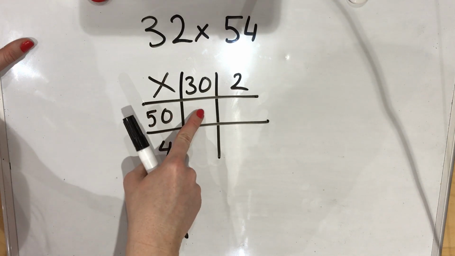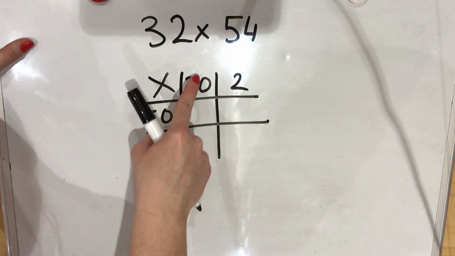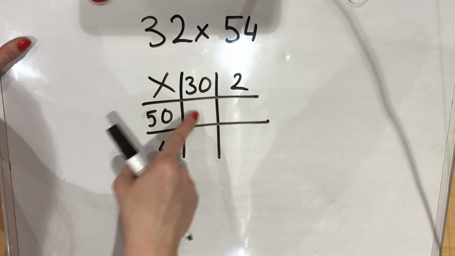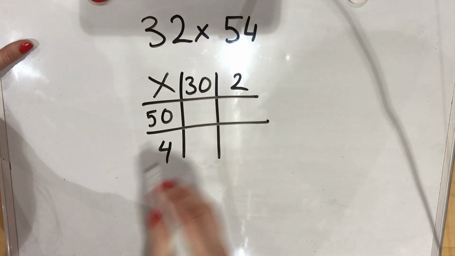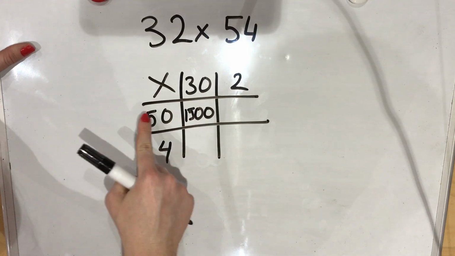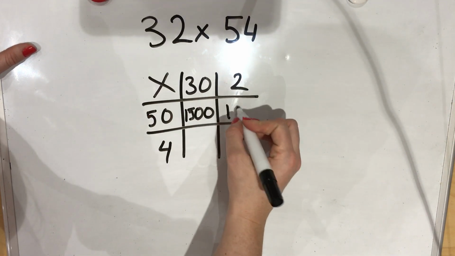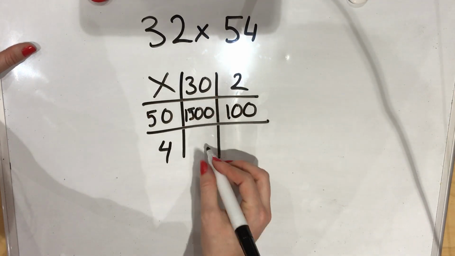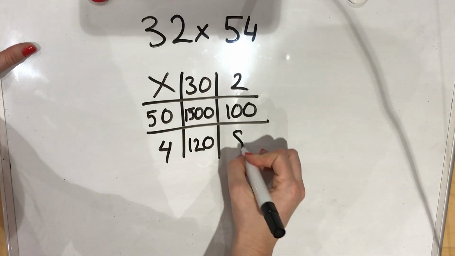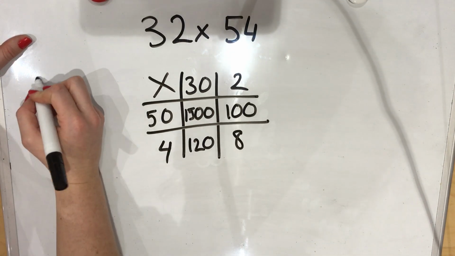Each of these boxes is simply two numbers multiplied by each other. So 50 multiplied by 30 is going to give me 1,500. 50 multiplied by 2 is 100. 30 multiplied by 4 is 120. And 4 multiplied by 2 is 8.